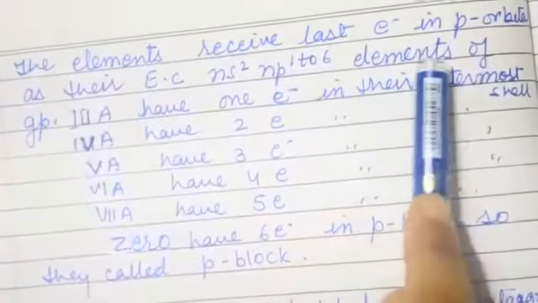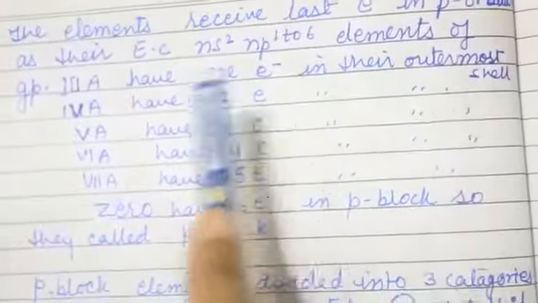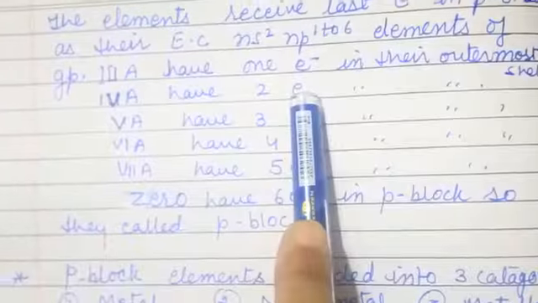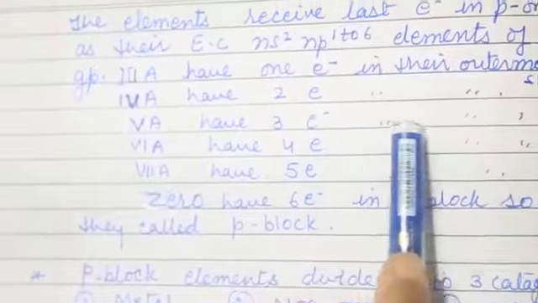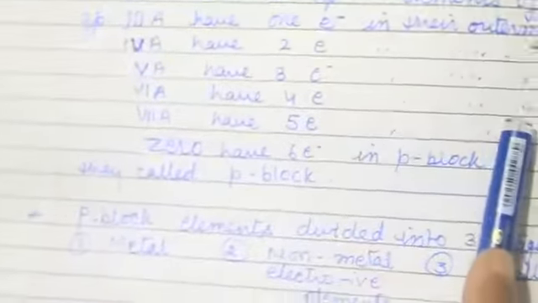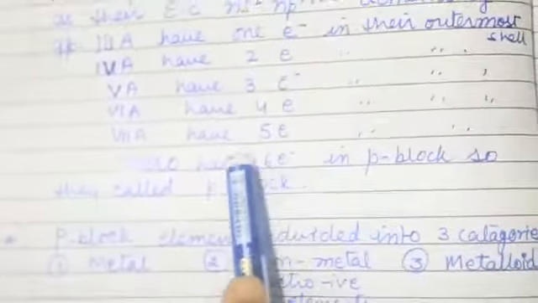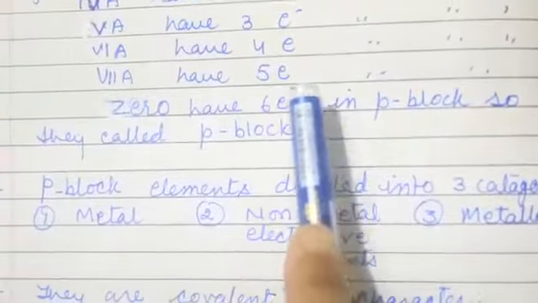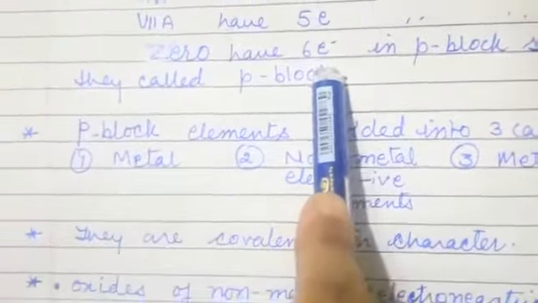Elements of third A have 1 electron in their outermost p orbital, fourth A have 2, fifth A have 3, sixth A have 4, seventh A have 5 and 0 have 6 electrons. That is why they have the p orbital fulfilled with electrons, so they are known as inert gases.